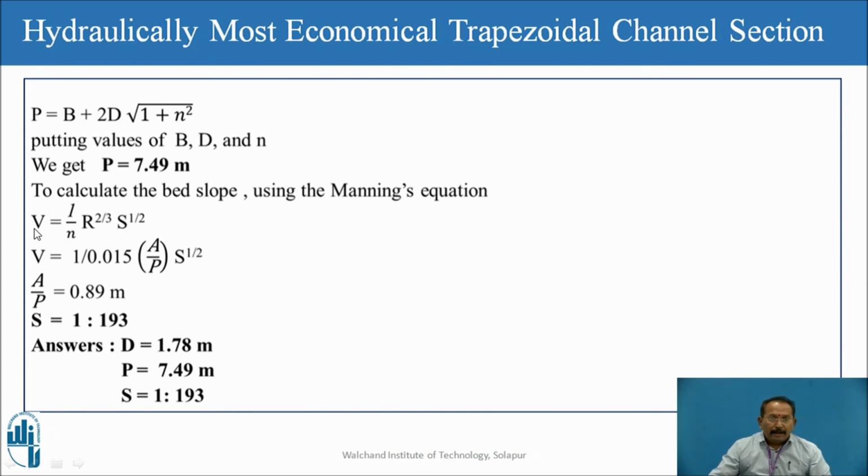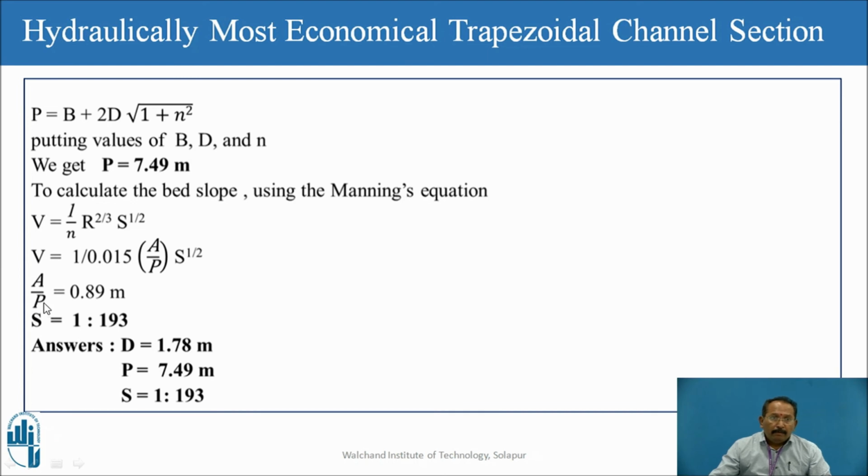Now to calculate the bed slope by using Manning's equation, V is equal to 1 upon n, R to the power 2 by 3 and S to the power half. Here the n value is Manning's n given to you. The previous N, that is N horizontal to 1 vertical, is 3 by 2. So V you can calculate by this equation.